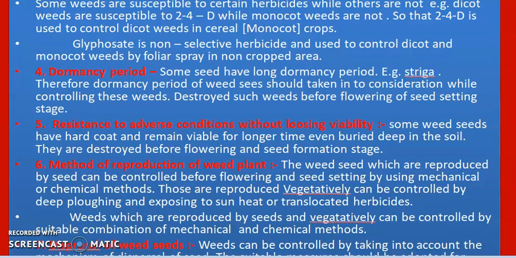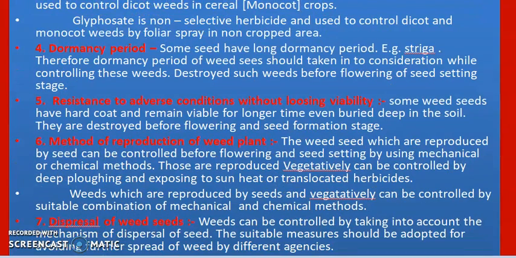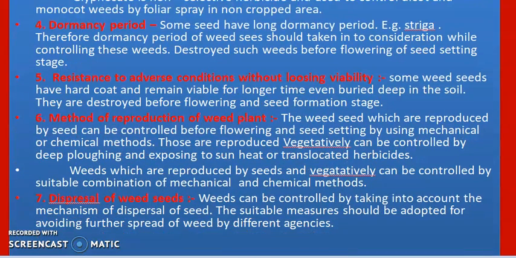Then the next point to consider is the dispersal of weed seeds. These things should be considered before the use of weed control method: the medium of weed seed dispersal should be considered while following the weed control method.